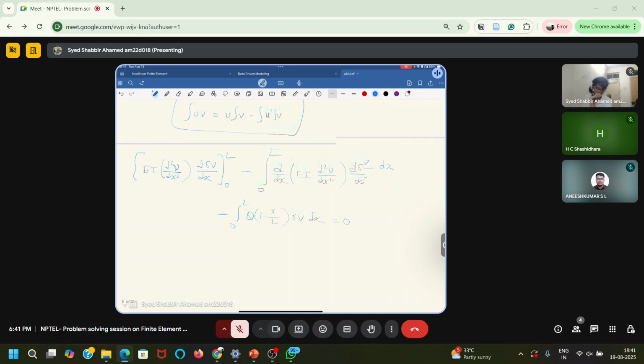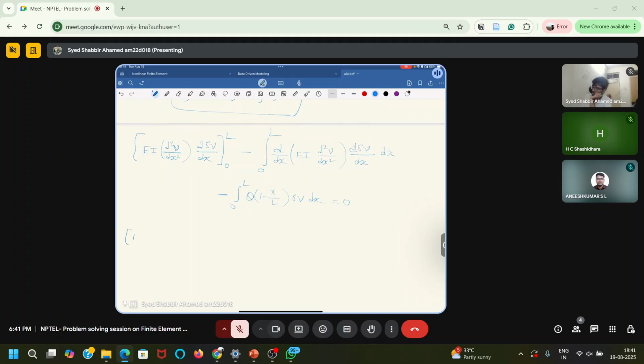These two terms I'll keep as they are, which are EI into d square v by dx square, d delta v by dx, integral 0 to L, and this term, integral 0 to L of q into 1 minus x by L, delta v dx, and I have this term which I will do integration by parts on again.